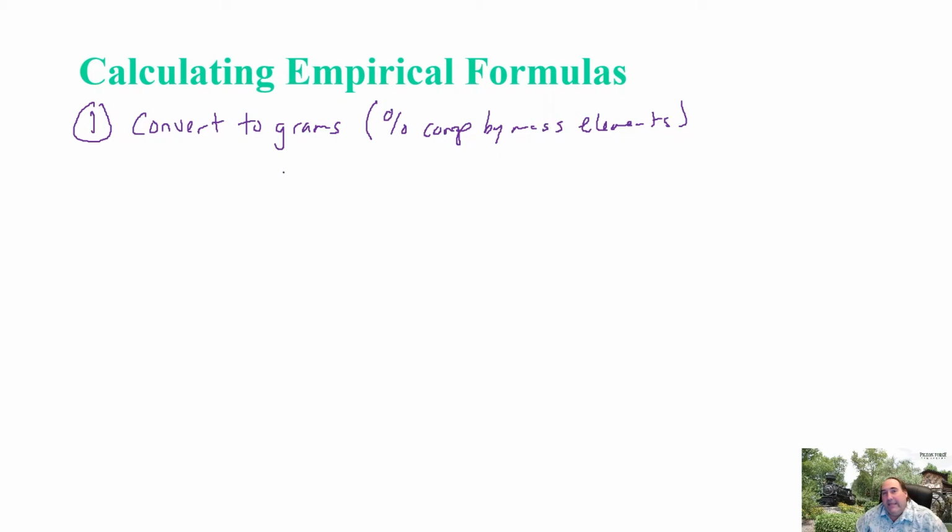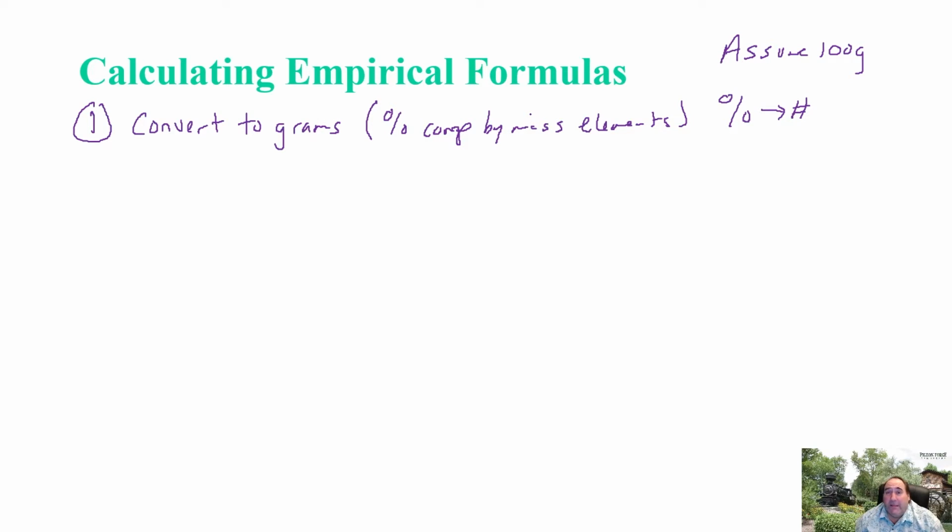So what's an easy way to convert a percentage into a number? It's something that you probably do without thinking about it, which is assume 100 grams. When we assume 100 grams, that means our percentages are going to be the exact same numbers as our grams. You can think of it like you got 80% on your exam out of 100 points. That means you probably got 80 points out of 100.